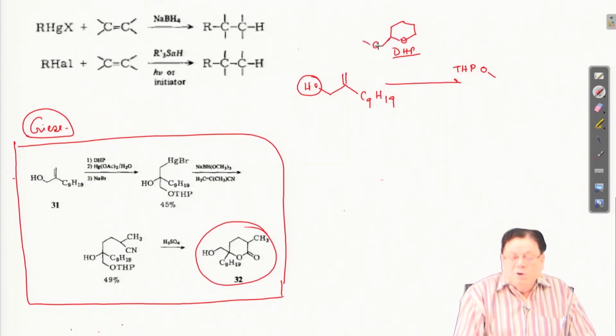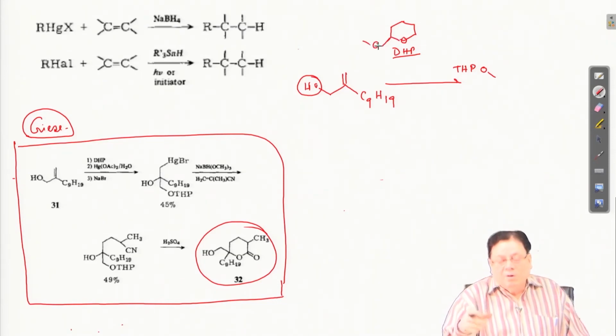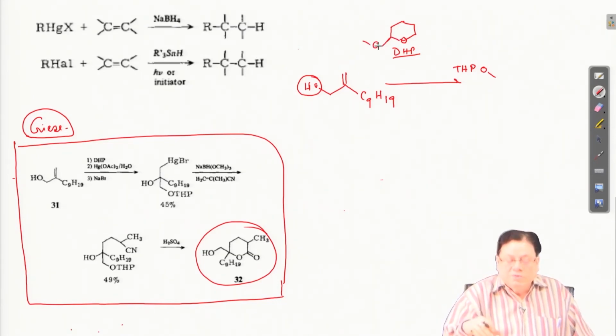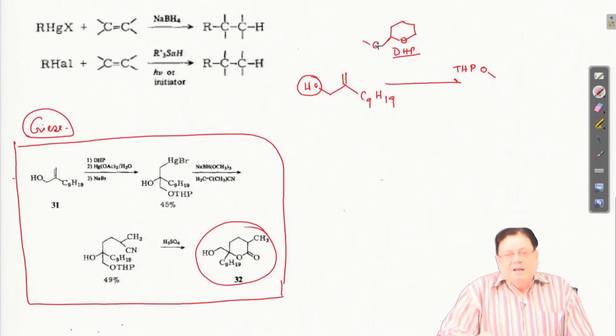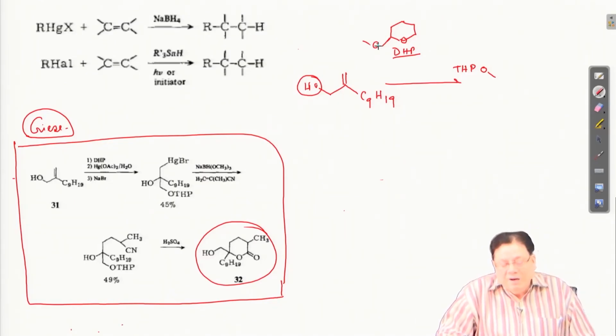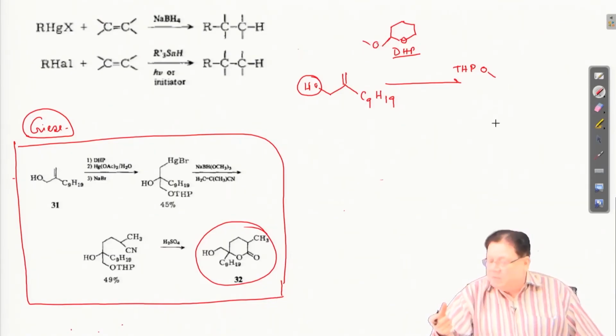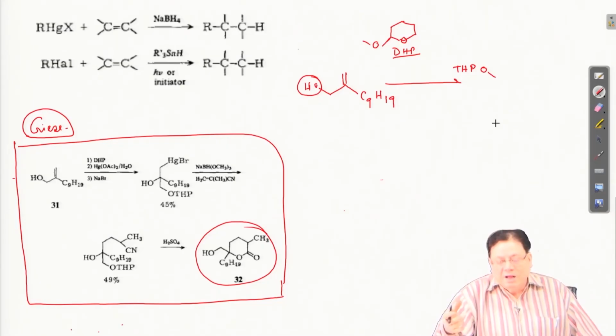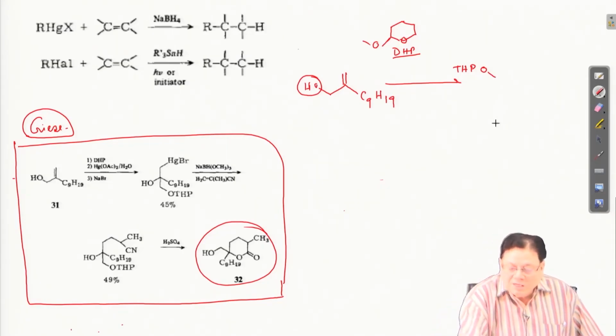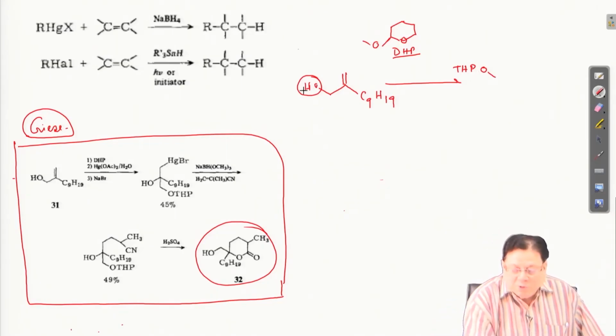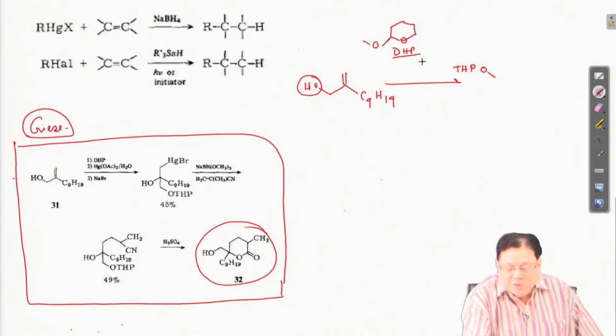So, that is what is called a THP derivative. This dihydropyran on reaction with an alcohol is acid catalyzed, but you should not have water at all, so anhydrous condition. So, you get the OTHP group, and the THP can be taken off by adding aqueous acid. So, let us first see the protection, the OH reaction with DHP.